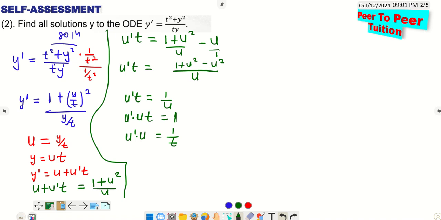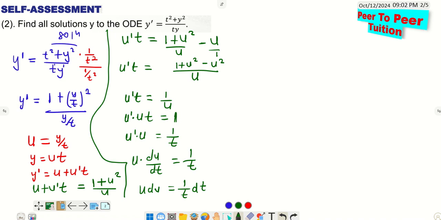Now when you get to this point, u prime is the same as du dt, should be equal to 1 on t. So multiplying through by dt, I have u du should be equal to 1 over t dt.